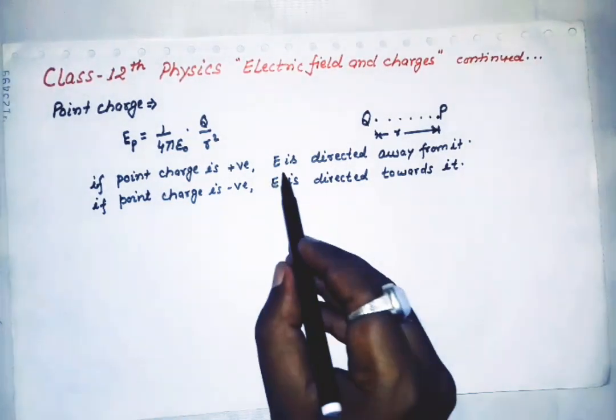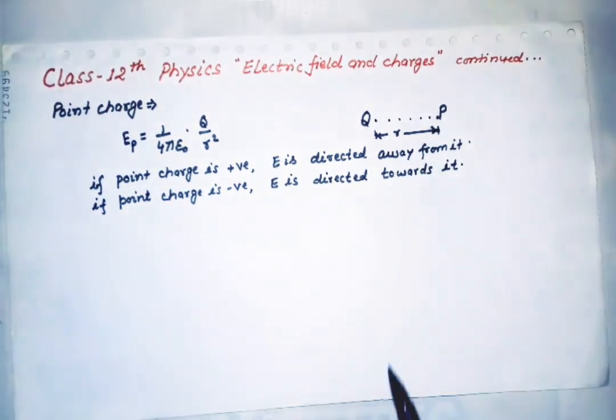So these are the two rules to decide the direction of electric field intensity.